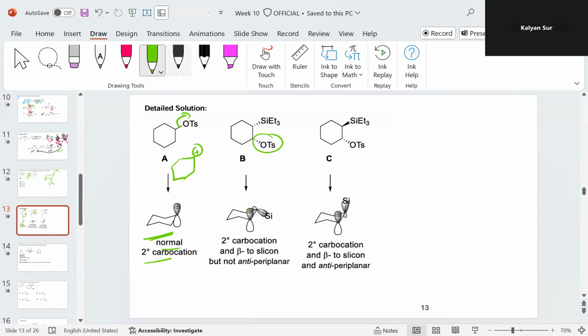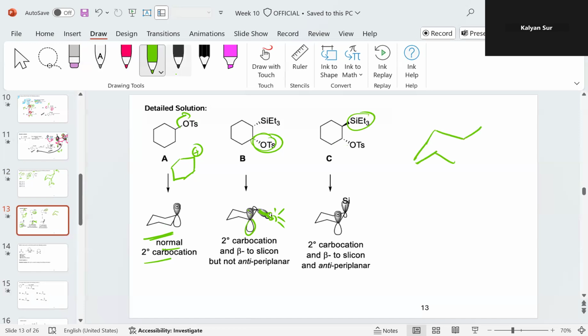But you need to see that the SiEt3 and the vacant lobe of this carbocation are anti to each other.